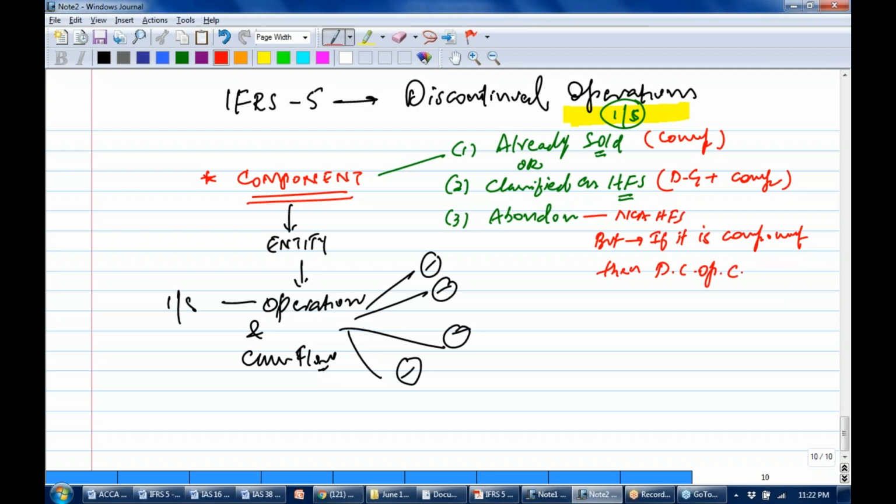In the case of abandonment, no? Do remember, if the abandonment is of a single asset, one non-current asset, then how is it possible to have an income statement presentation of one asset? No, because one asset does not meet the definition of a component.